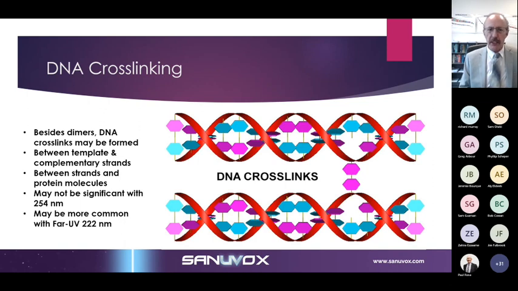The effect of DNA crosslinking may not be very significant with 254 nanometer radiation, as this primarily forms pyrimidine dimers, and those are sufficient to inactivate a virus or kill a bacteria. There is some suggestion in the literature that far UV produces fewer dimers and may be producing more crosslinks, either to proteins or between strands. Future research should elucidate that mechanism for us.